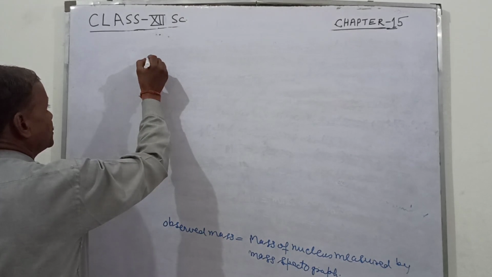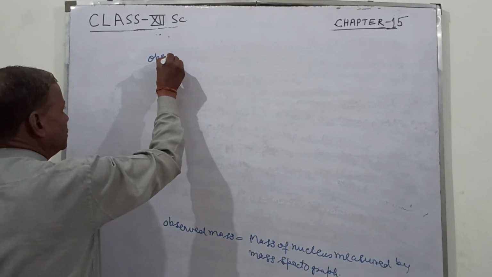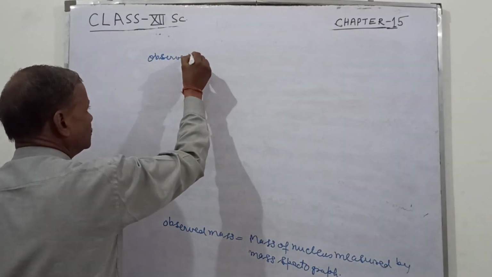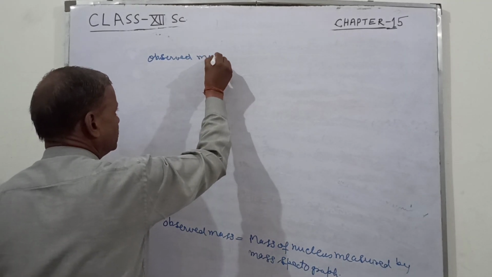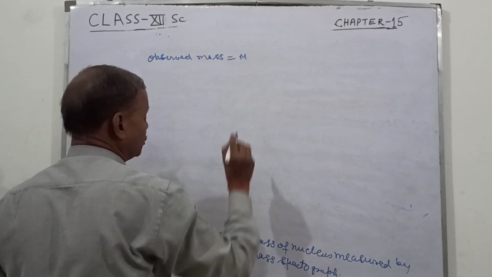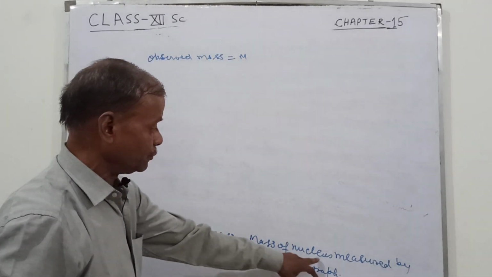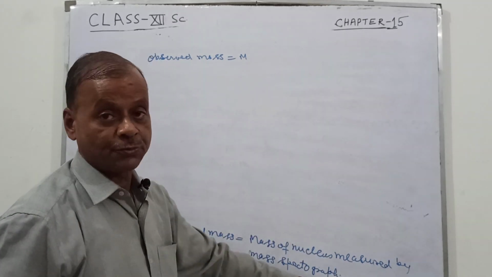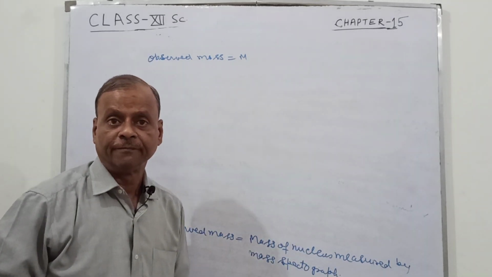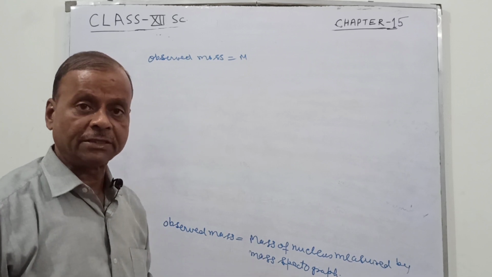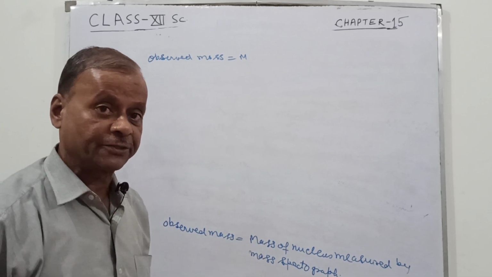So observed mass is equal to capital M, the mass of the nucleus measured by mass spectrograph. This is what we measure experimentally.